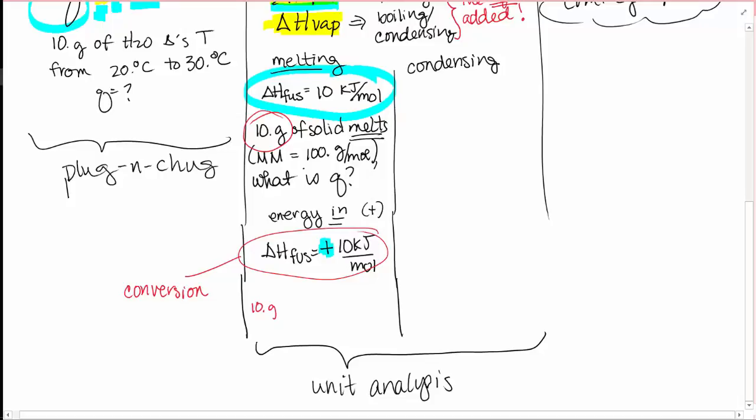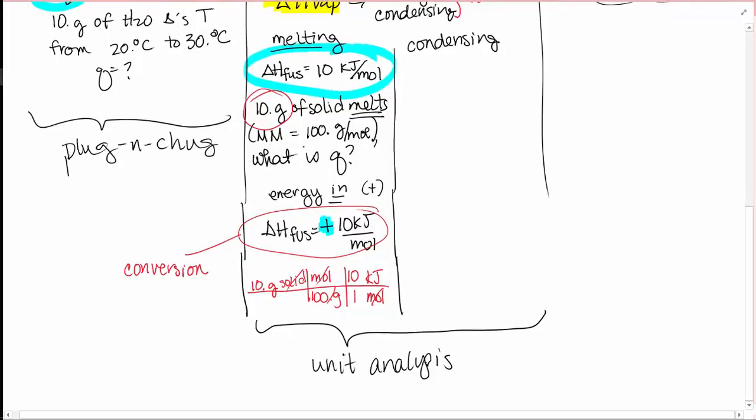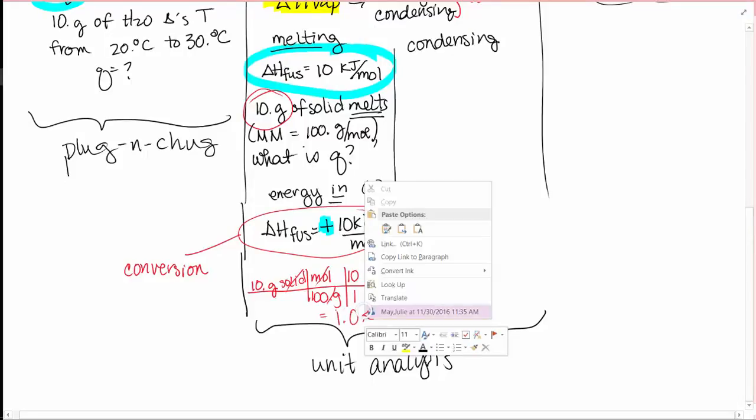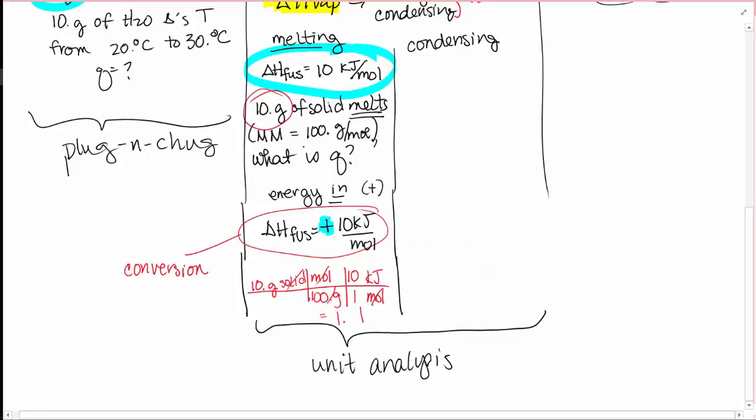If I have 10 grams of a solid, and I know the molar mass, 100 grams per mole, then I can use this as a conversion. I'll put mole on the bottom so it cancels, and kilojoules on the top, 10 kilojoules per mole. Everything cancels except kilojoules, and I get 1 kilojoule. That would be the amount of energy required to melt that solid.